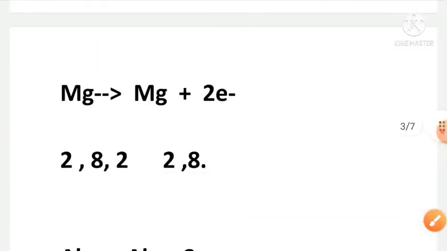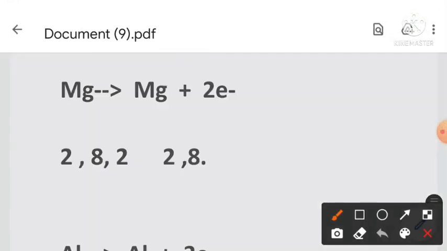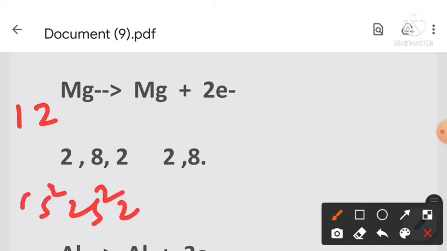Like this, in magnesium, Z is 12, so we write the electronic configuration shell-wise as 2, 8, 2, in detail 1s2, 2s2, 2p6 and 3s2.